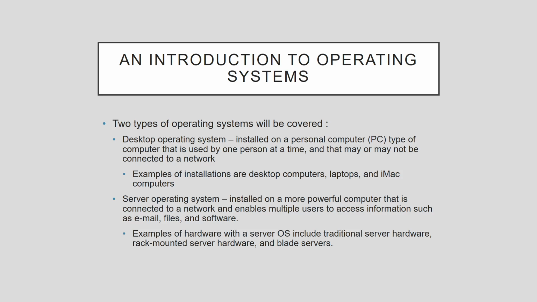The hardware used with a client OS can be in several forms, like a full desktop computer, the portable or laptop, and the iMac computer, where the monitor and CPU are in one unit with a separate keyboard and mouse.